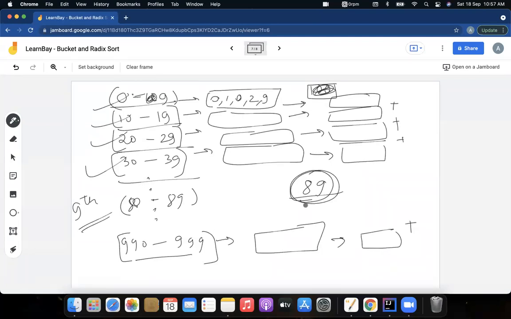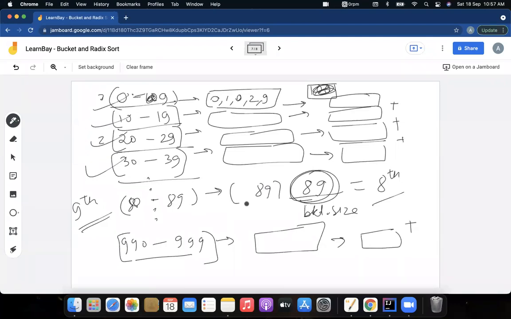You divide it by your bucket size, which is 10, and that will give you your index, right? So this is 0, 1, 2, 3, 4, 5. This is the eighth bucket. In a computer language where counting starts from 0, this is the eighth bucket. So you get your bucket number, and you simply append 89 in this bucket.